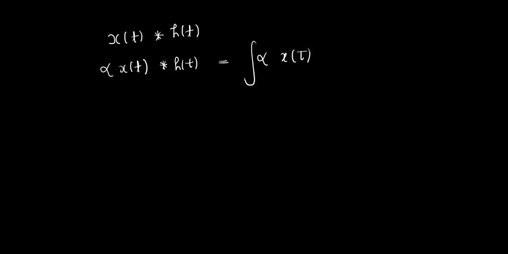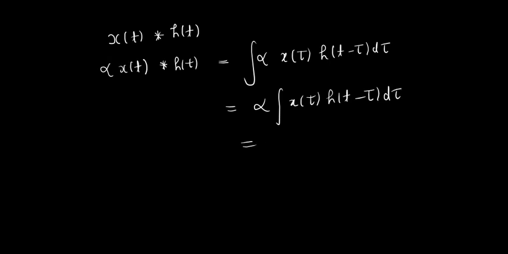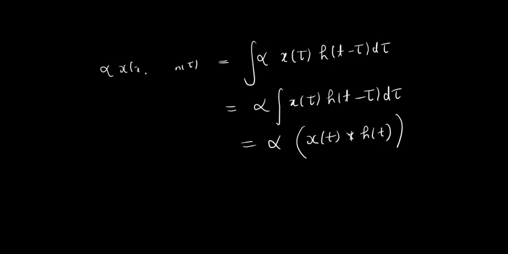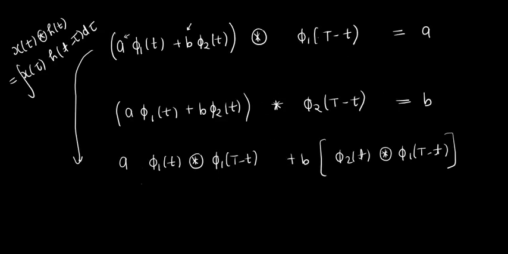Integral of x(tau) h(t minus tau) d tau, which is the same as alpha times x(tau) h(t minus tau) d tau, which is the same as alpha times x convolved with h. Okay, so this is the case.